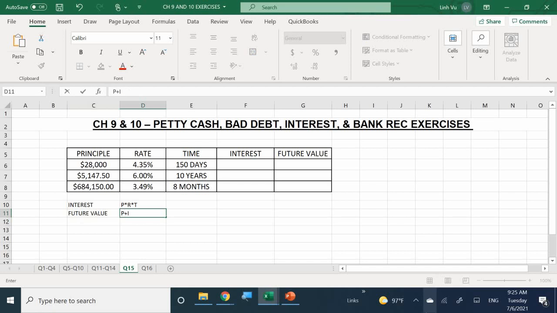All right, let's go ahead and practice this real quick. For my very first one, my principal is going to be 28,000. My rate is 4.35%. And my time is going to be 150 days.